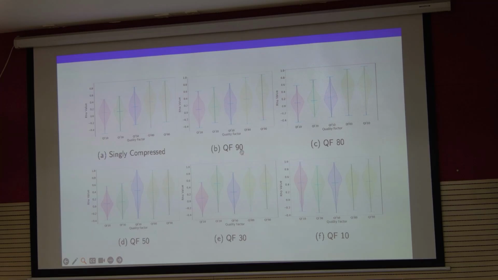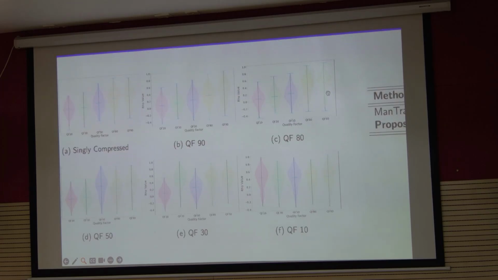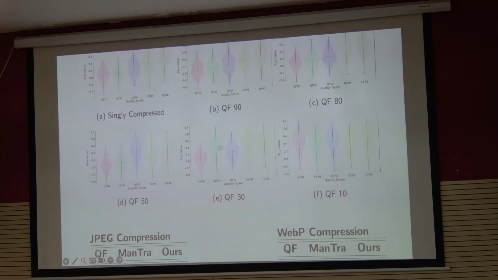And if it is quality factor 90, you can see that for the quality factor 90, it has slightly differed, right? Now compare this one with this one. So it is changing, and the characteristics change again when it is 80. Now there is a change in this part and this part. And look at the 30.